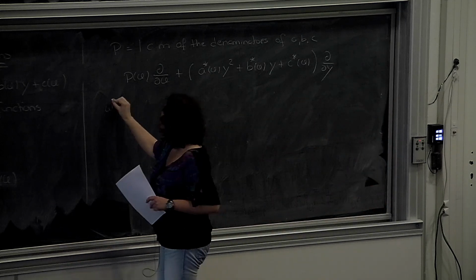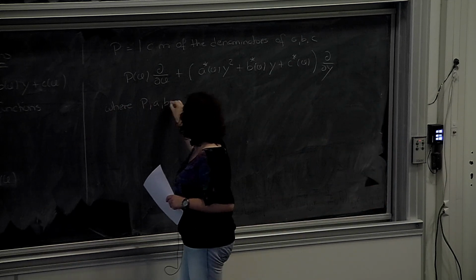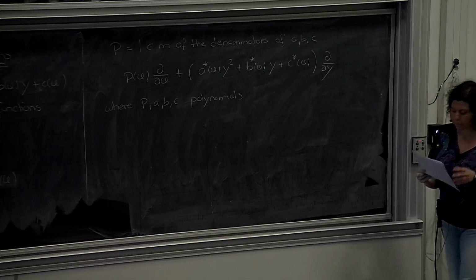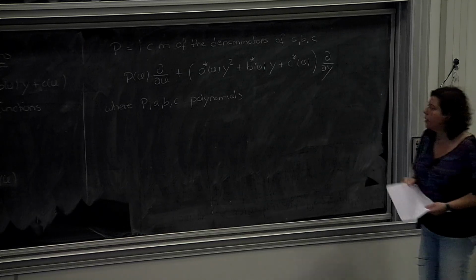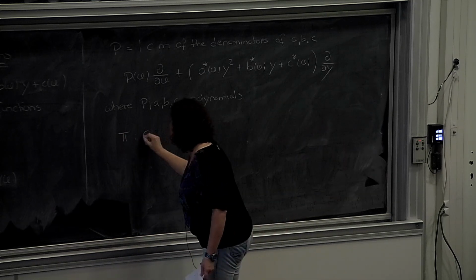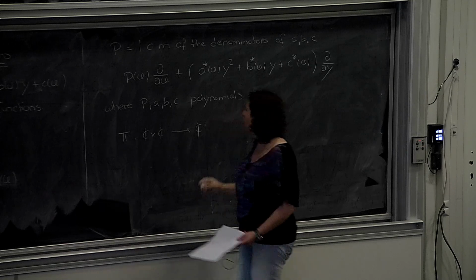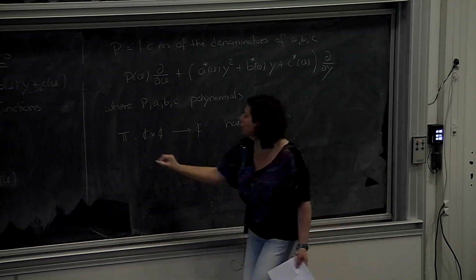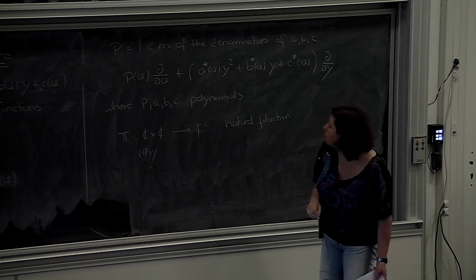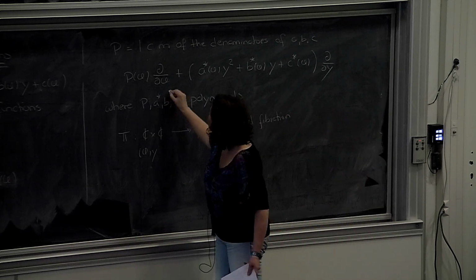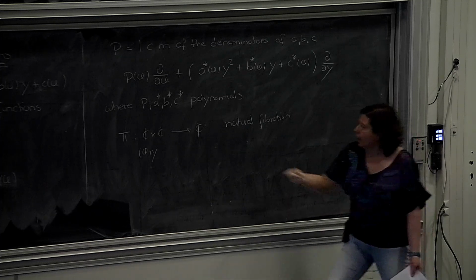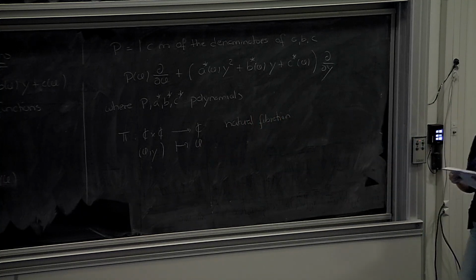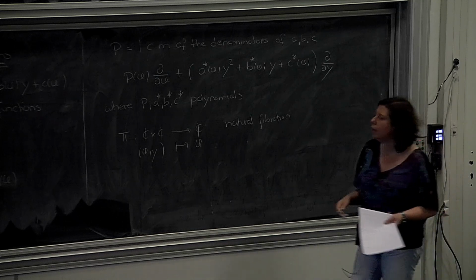And now P, A, B, and C are all polynomials. So I consider here the natural fibration. I take my coordinates x, y and project on my first coordinate, x.